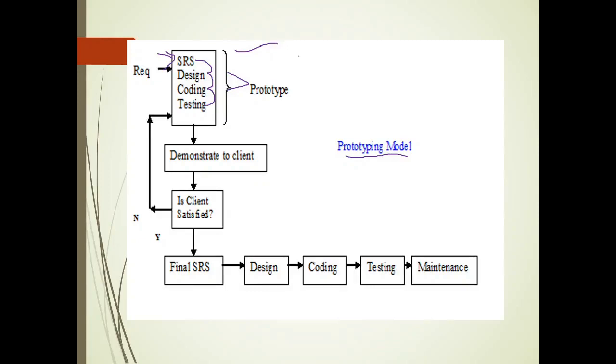Based on a few requirements, a simple and small prototype will be developed, which is not the full software. It is just a type of software, or you can say a demo software, which will be demonstrated to the client to find out the requirements.